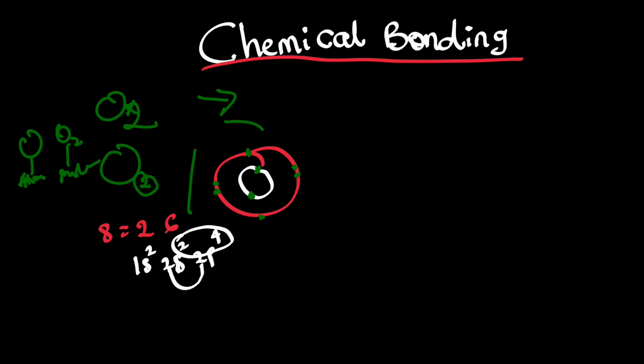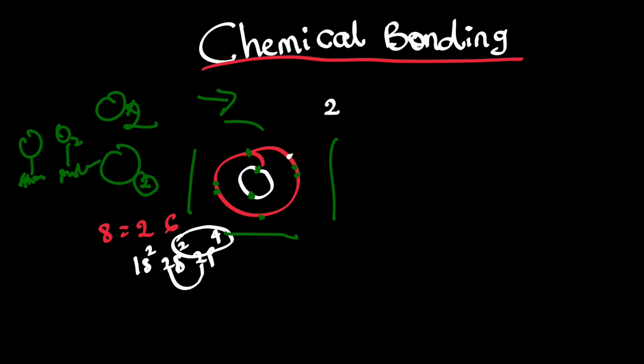Now, as it stands here, this is not stable. An atom can be stable if it has 2 electrons in the valence shell. The valence shell is very easy to understand: the last shell is known as the valence shell.